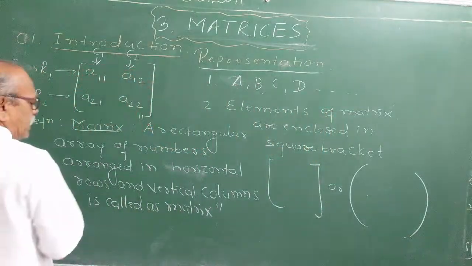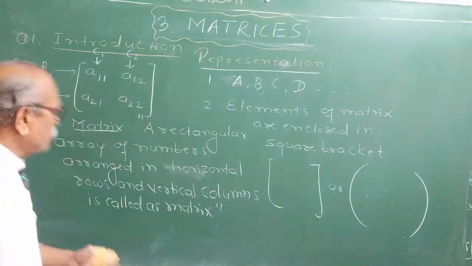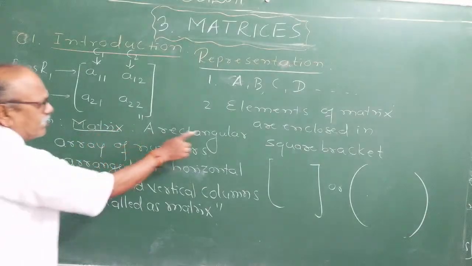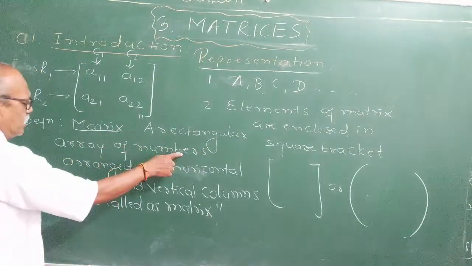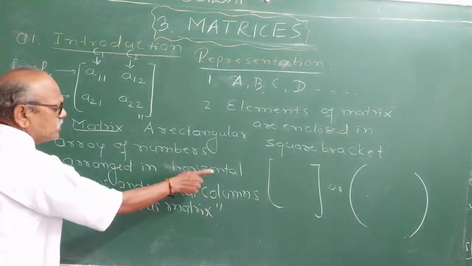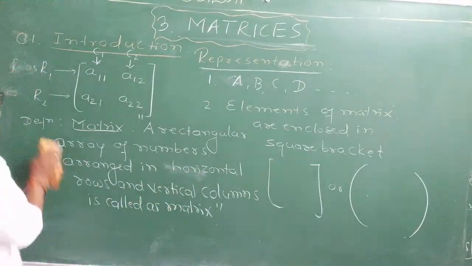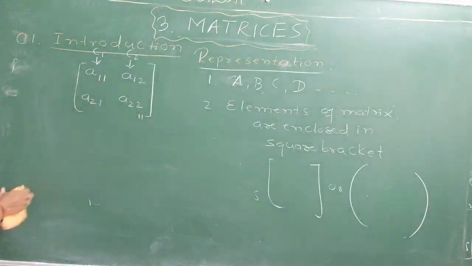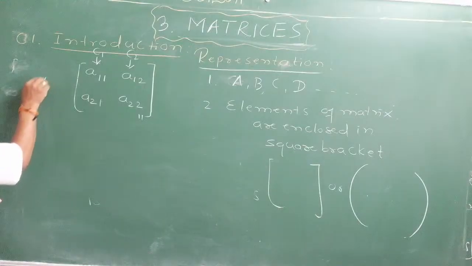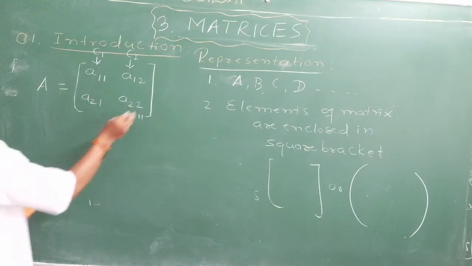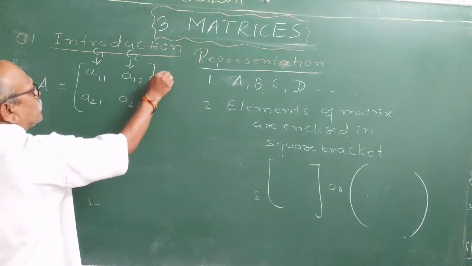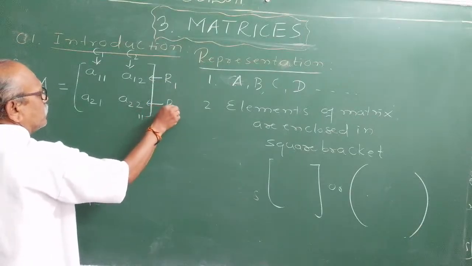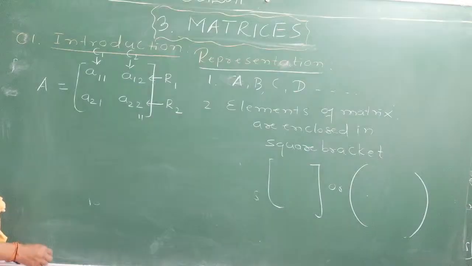Now here is a matrix. You can observe this particular matrix. I hope you understood the matrix. A matrix is defined as a rectangular array of numbers arranged in horizontal rows and vertical columns. This matrix is generally represented by the capital letter A is equal to, and this is called the first row, generally represented by R1, and second row represented as R2, right?